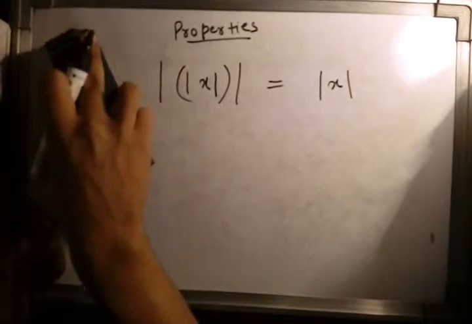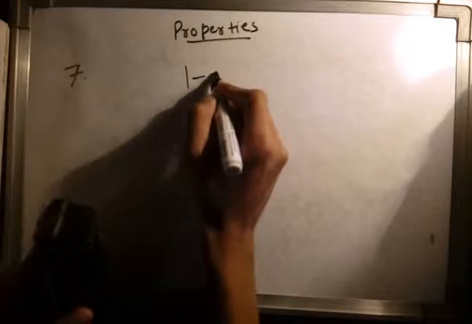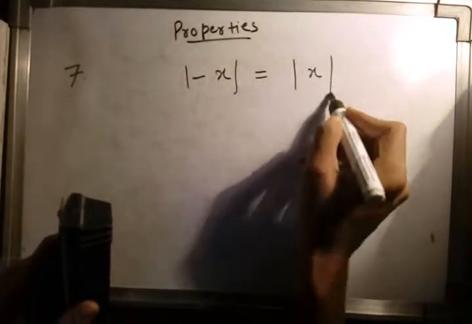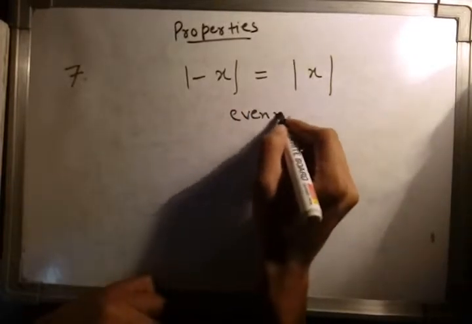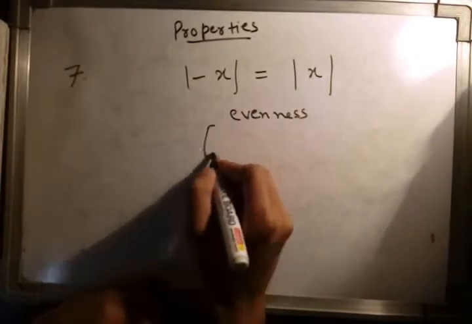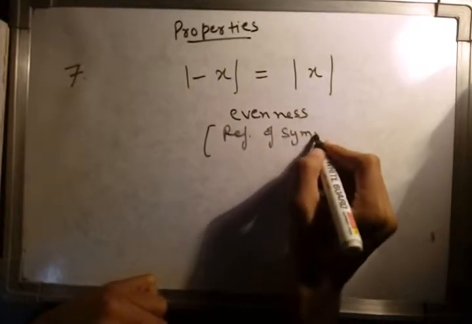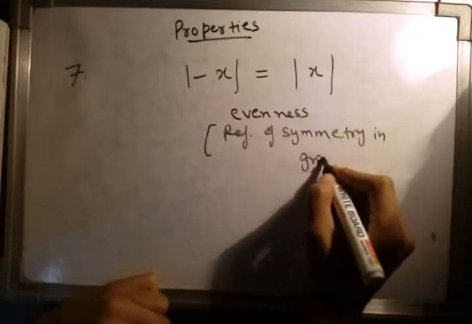Now comes the seventh property, modulus of negative x is equal to modulus of x. This property is called evenness. It is a reflection of symmetry in the graph.